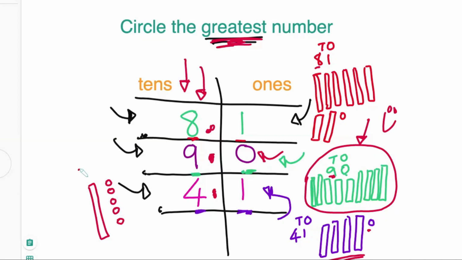Here we've drawn 1 ten and 1, 2, 3, 4, 5 ones, making number 15. Can you try and do that yourself? If you wanted to, have a range of numbers and work out which one is the greatest or the smallest using your tens and ones.